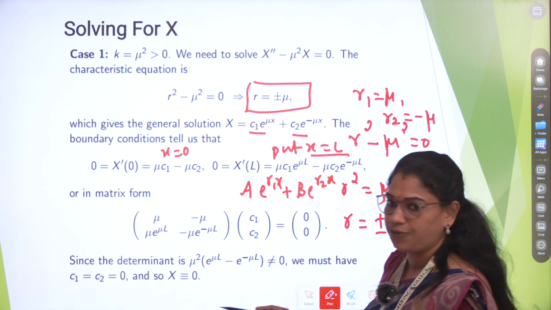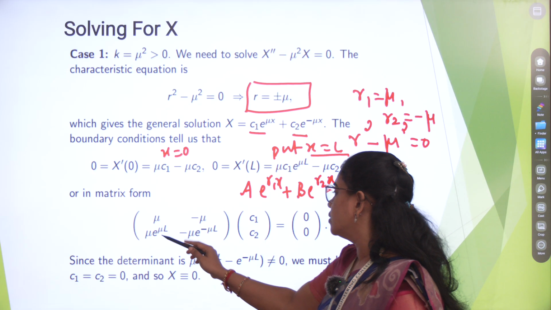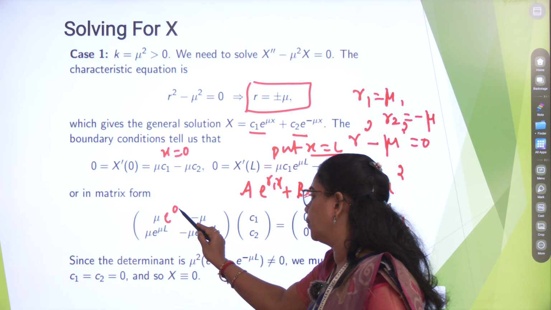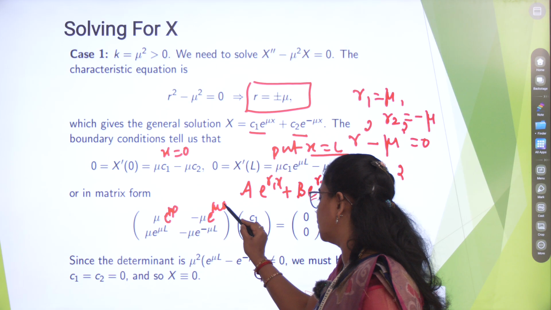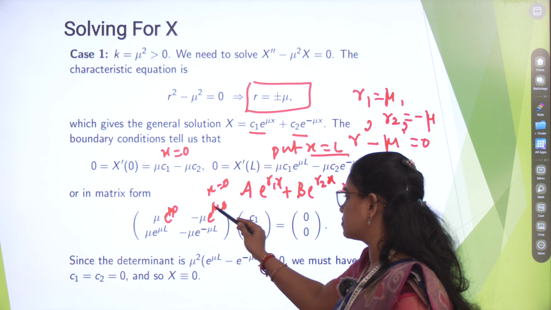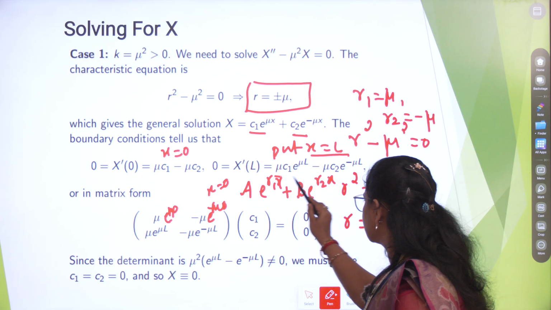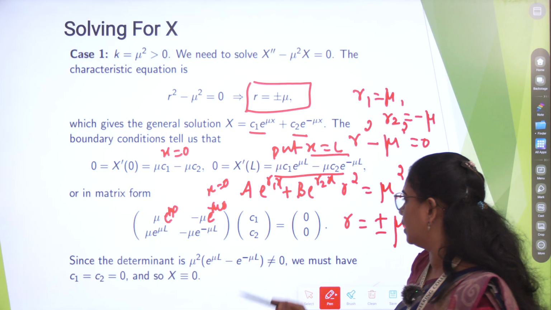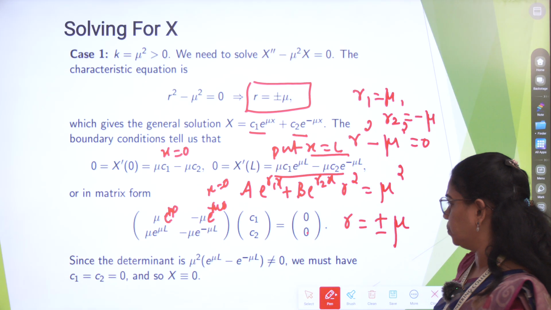In matrix form: first row mu, minus mu, since e^(mu 0) is 1 and e^(minus mu 0) is also 1. Next row mu e^(mu L), minus mu e^(minus mu L), multiplied by the constant coefficients c1, c2, equals 0.